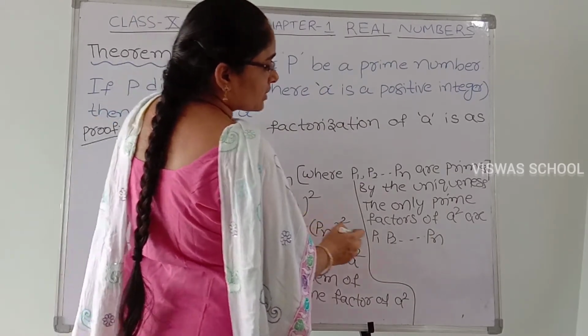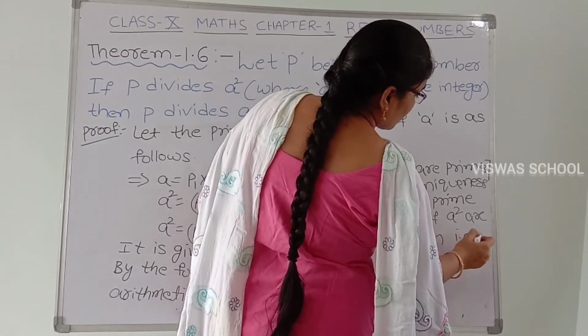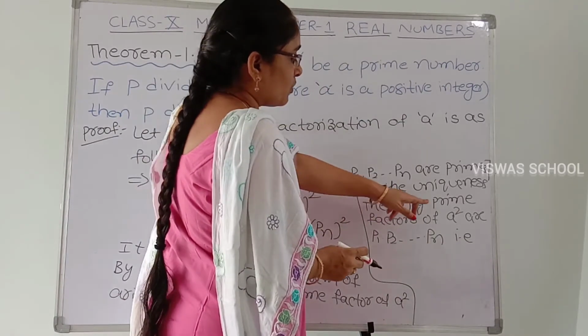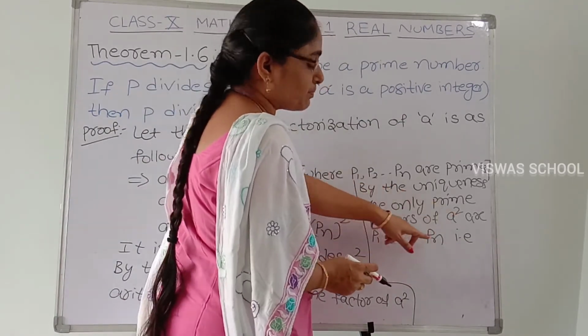That is, the only prime factors of A square are P1, P2, so on Pn.